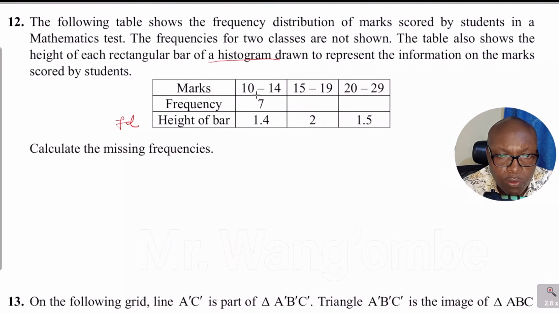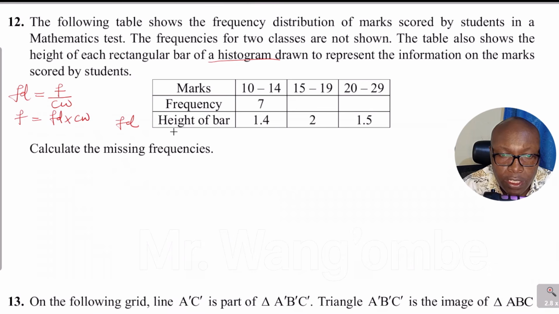So we can confirm with the first one how frequency has been obtained. So how do you get frequency density? Frequency density is given by frequency divided by the class width. And frequency is given by frequency density multiplied by the class width.